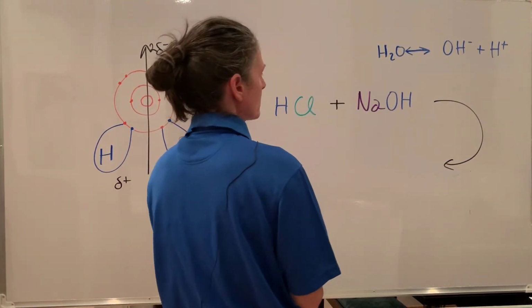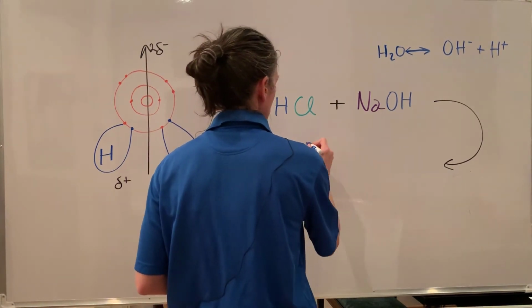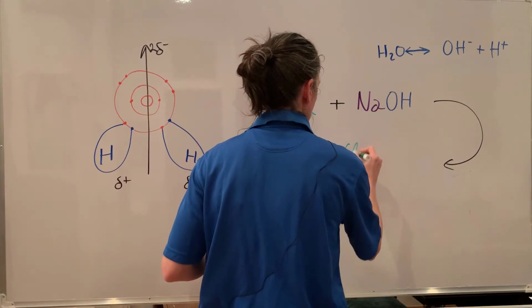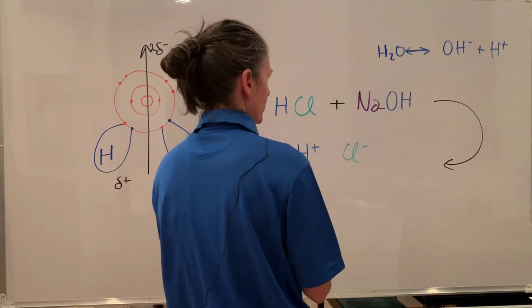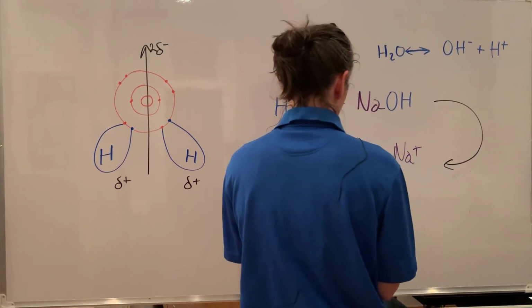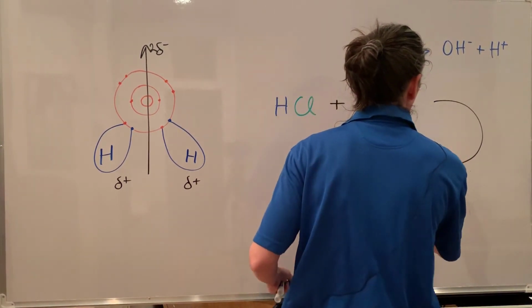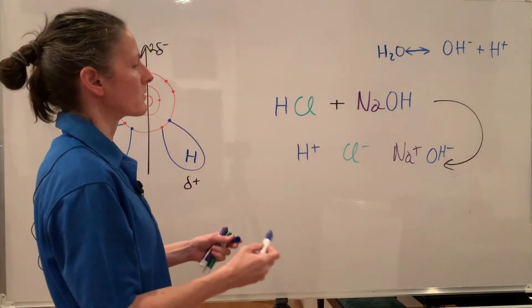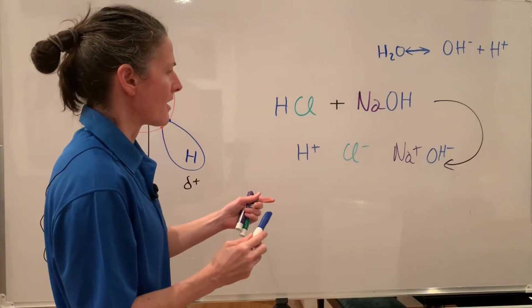So we would have a complete dissociation into hydrogen ion, chloride ion, sodium ion, and hydroxide ion. So these things would now be floating around in water, but not for long.